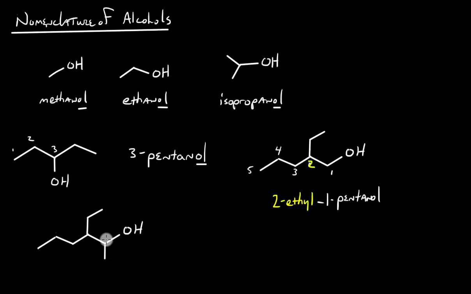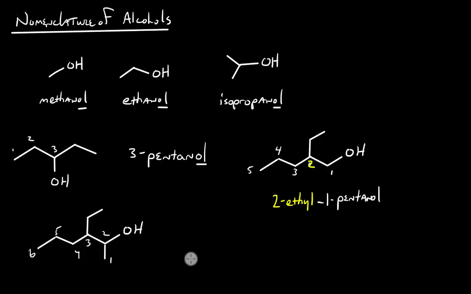If we counted from here, it's only going to give us 1, 2, 3, 4, 5. If we counted from here, however, 1, 2, 3, 4, 5, and 6, this is going to maximize the number of carbons in our parent. So now, just by adding a methyl group here, we've changed this from a pent to a hex.